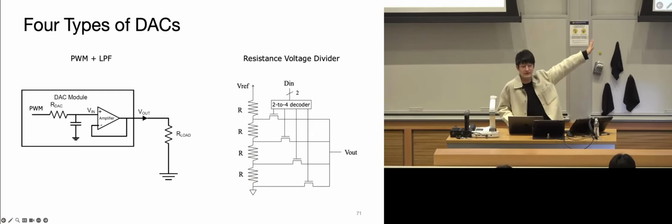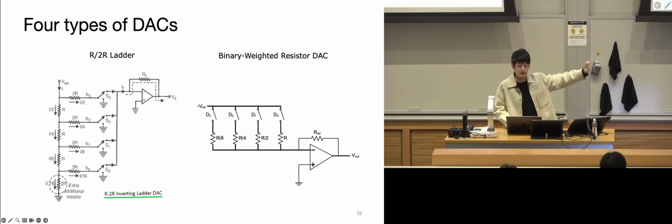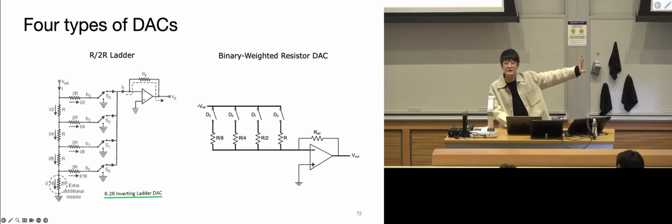And this one will be slower because, similar to the slope integrator, it takes the PWM signal, so essentially a lot of cycles to generate one period of the DAC output. Any questions regarding the 4 types of DACs?